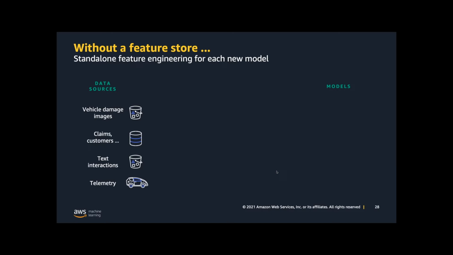So you have various sources of raw data, and in most cases you have to set up feature processing logic. Let's say we have multiple data science teams that could be working on a customer churn model that relies on features derived from vehicle damage images and those text interactions. What happens at the end of the day?